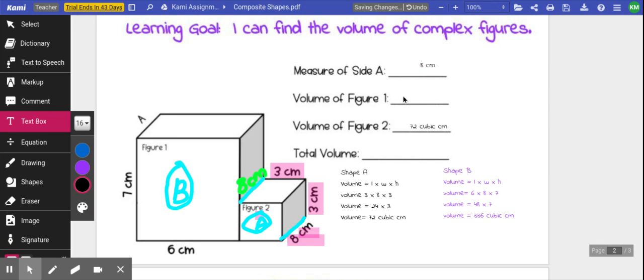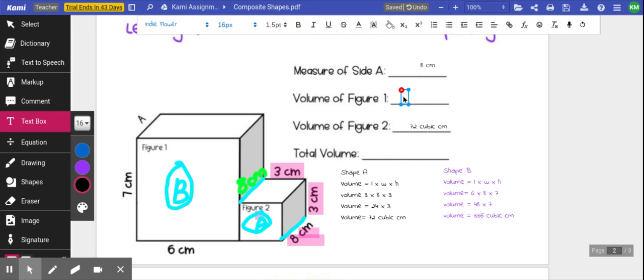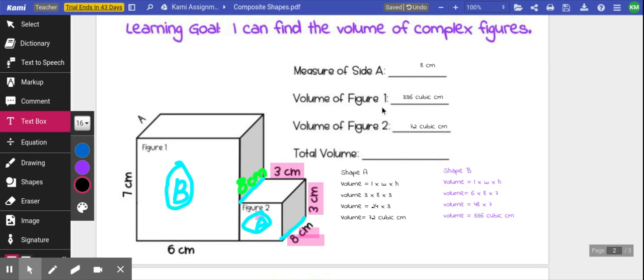We know the volume for figure A, after we calculated everything and found the missing measurement, was 336 cubic centimeters. Now we're going to take all the information that we calculated. So we know the volume of shape A and the volume of shape B. Now we're going to add the 2 volumes together to give us our total volume.